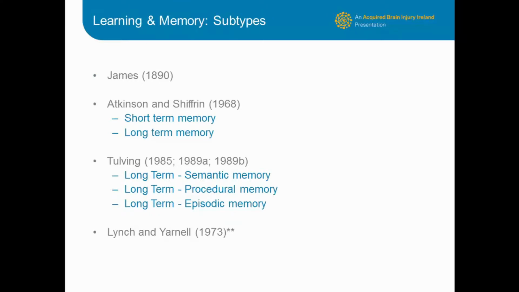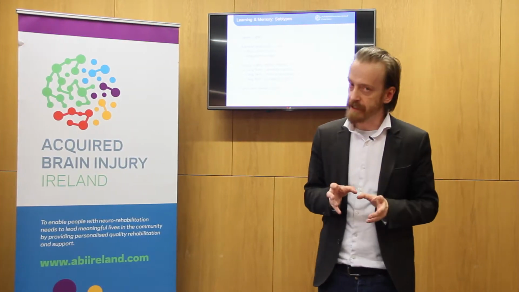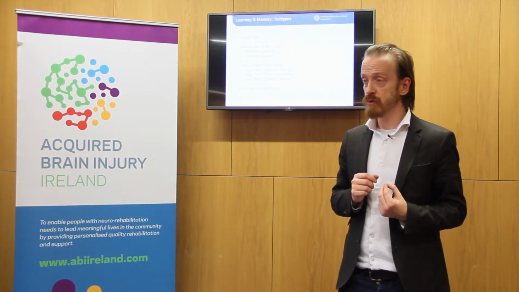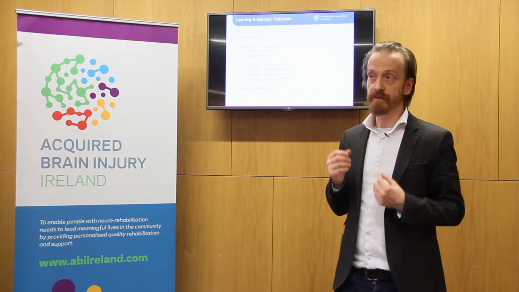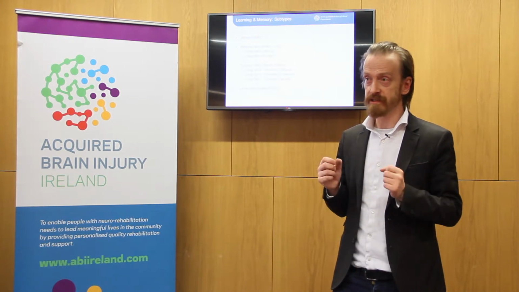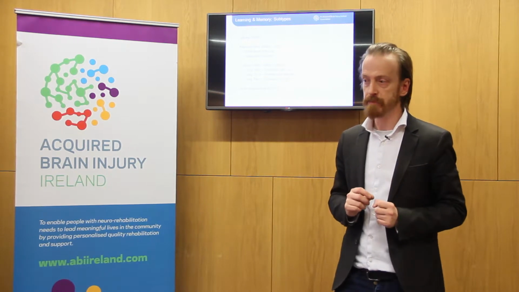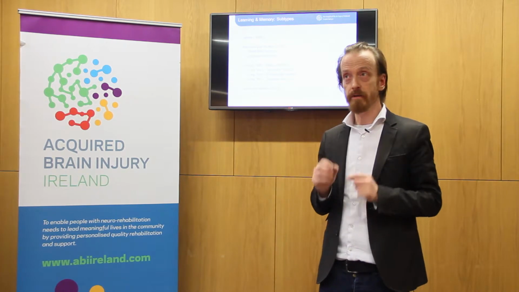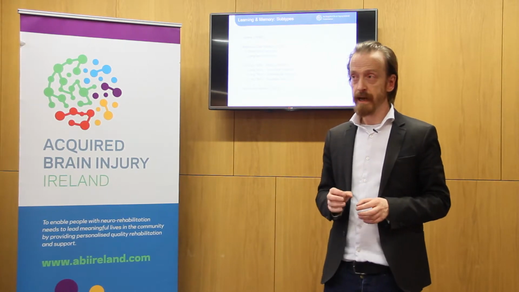With semantic memory, that's memory for facts. You could consider language being factual memory, but it's also facts like, if you think of what street sign is red and octagonal, it's a stop sign, and there are facts that go with that and understanding. The second type of memory is procedural memory, where there's a very strong motor component to it and physical action.